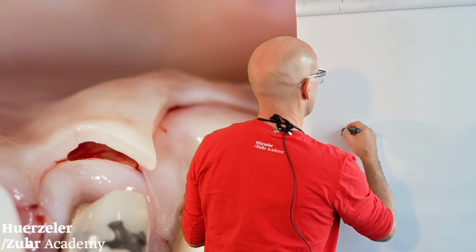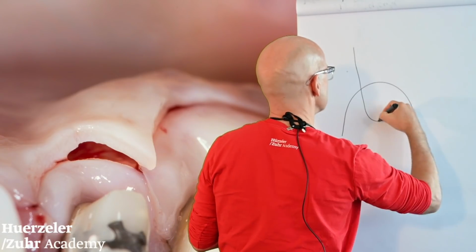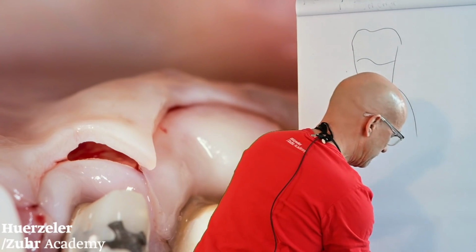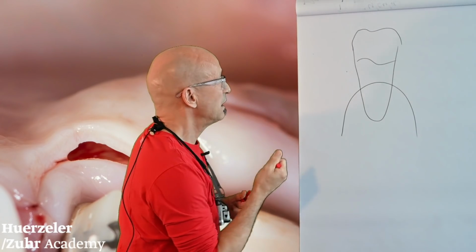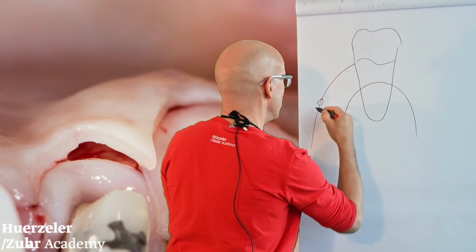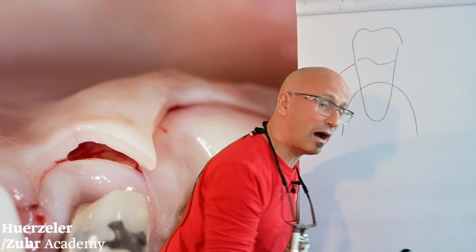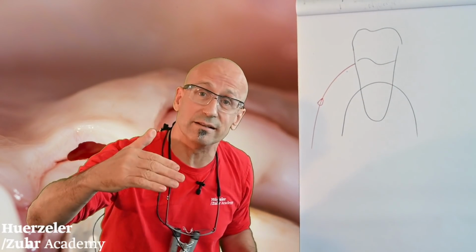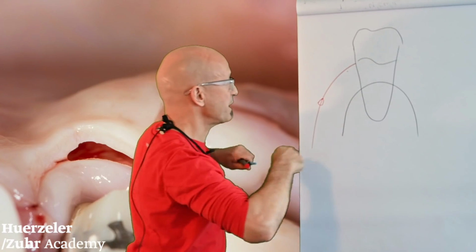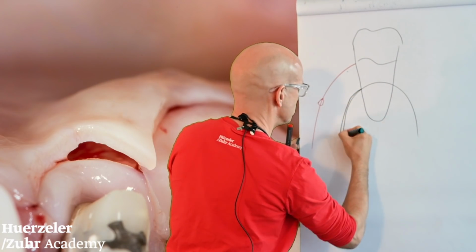Let's go back to our drawing, to our periodontium, and think about how we can avoid that at the end you have a thinned out flap with more necrosis and more pain for your patient. Very simple.